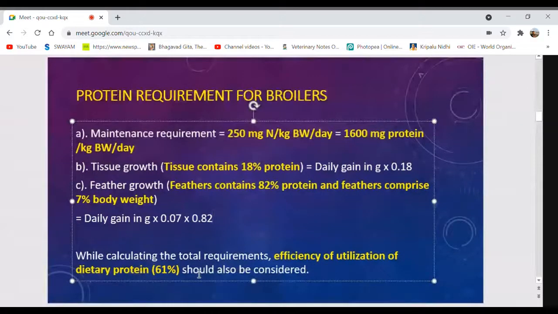Like this: if the efficiency of utilization, or digestibility coefficient, of dietary protein is 61%, it means that to get 61, you have to provide 100 gram.